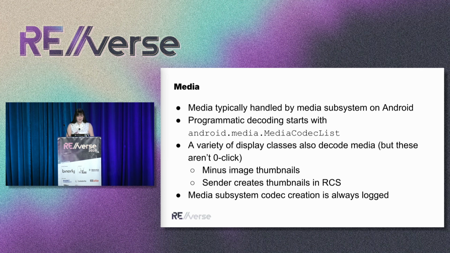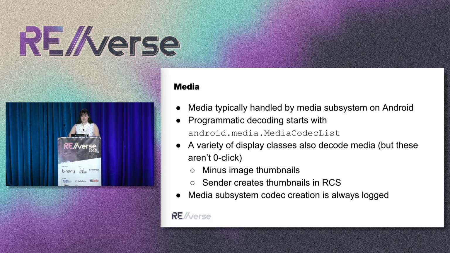And these are not especially promising for zero-click bugs, and that's because most of the time you're going to have the lock screen up and they're not displaying anything, so they'll always be a one-click attack surface. There's one exception in Google Messages, which is even if your device is locked, it will show a video thumbnail. So that's a tiny bit of attack surface where they'll spawn that image decoding screen and decode that one image.